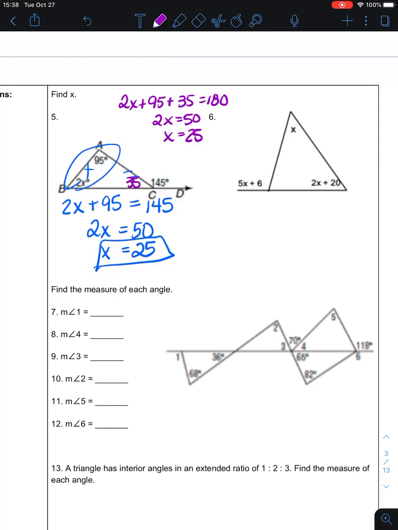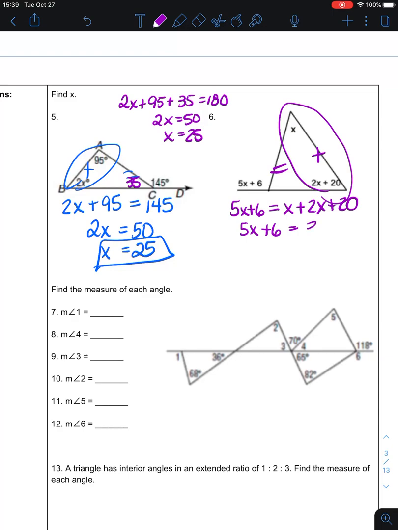So in this particular case, it is easier to use the exterior angle theorem, where the non-adjacent interior angles added together equal this exterior angle. So 5x plus 6 equals x plus 2x plus 20.